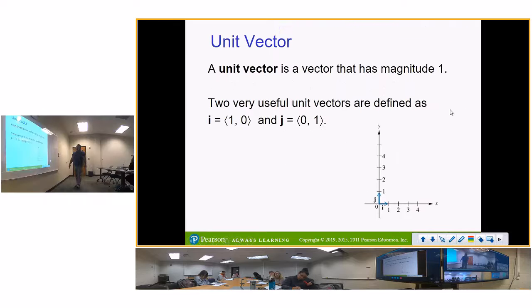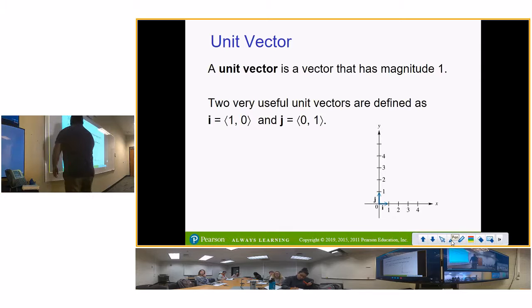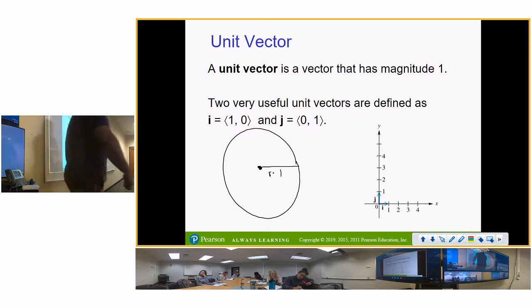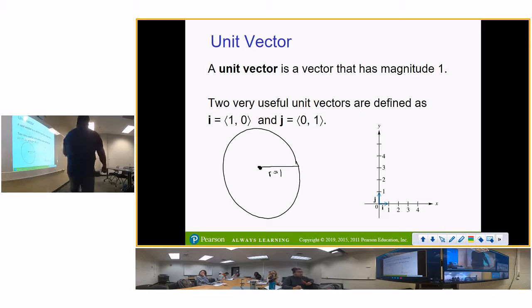There we go. I figured we'd get to unit vector pretty soon. Remember, what is the unit that you have been studying in trig? The unit circle. Unit circle has a radius of what? 1. So write that down. Radius is equal to 1.